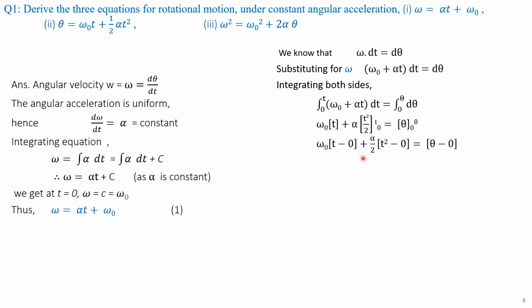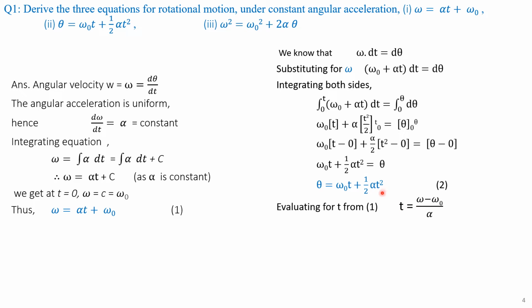Putting the upper and lower limits and simplifying, we get omega naught t plus half of alpha t square is equal to theta. Therefore, this equation can be rearranged as theta is equal to omega naught t plus half alpha t square. Let it be equation 2.